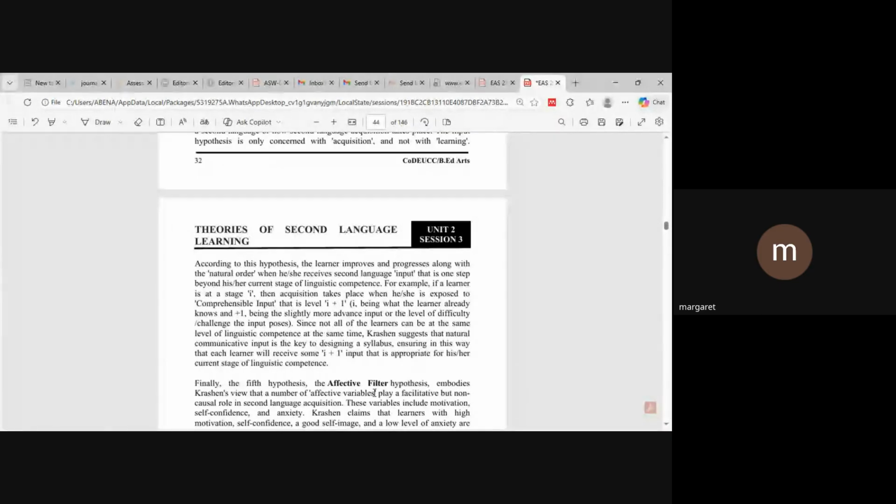The final hypothesis is the affective filter hypothesis. Now, this one is telling us that there are some issues that affect whether the input that you have given to the child will stick in the child's brain or not. There are some factors, okay, that determine them. And that is what we call the affective filter. Okay, if you know a filter is something that strains, right?